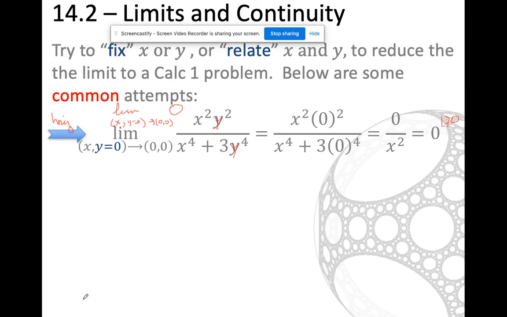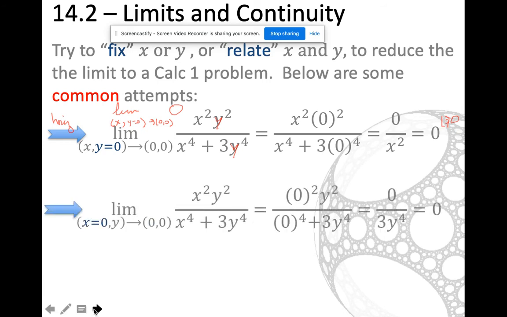Next, I'm going to try the vertical path. So notice for the vertical path, I am going to hold x constant, and hold it constantly 0. Replace all the x's with, excuse me, zeros, and I get to the same place.